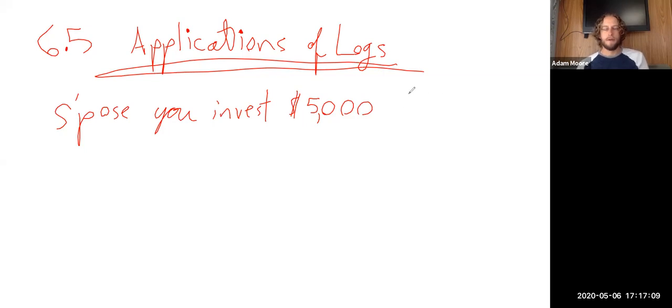Suppose you invest $5,000 into maybe a savings bond or a CD account or something like that. Nothing high risk, but something that'll give you some interest back. We'll say into an account that's going to be earning you, we'll say, 6% interest.